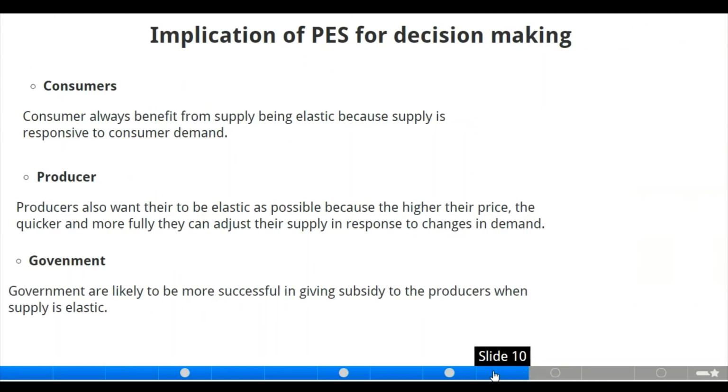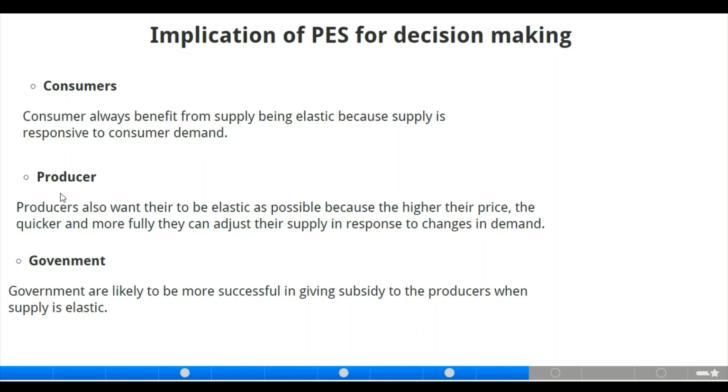Moving to the next slide, where we have the implications of price elasticity of supply for decision making. Now, the decision makers are consumers, producers, and government as usual. Consumers always benefit from supply being elastic because supply is then responsive to consumer demand.